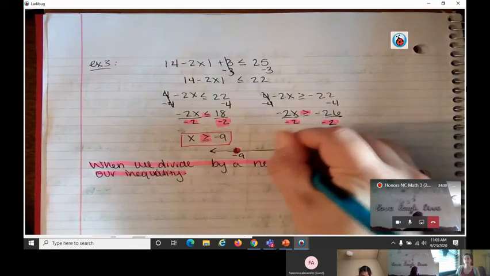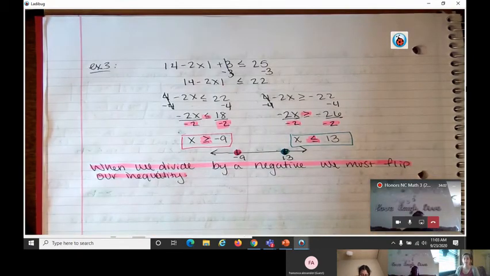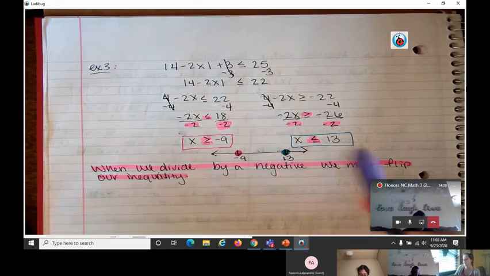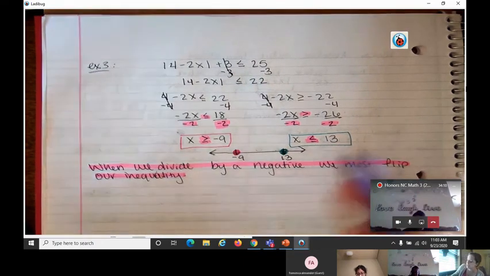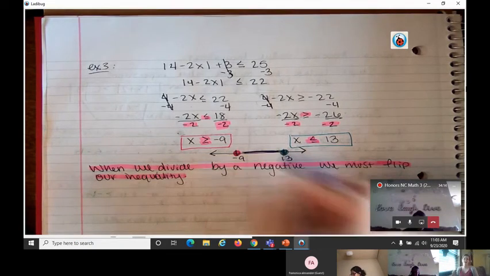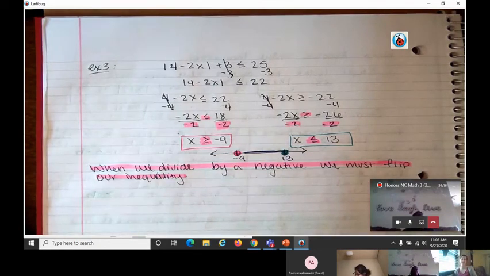Now notice that we have values bigger than or equal to negative 9 and smaller than or equal to 13. So it's the stuff in the middle, I'm using purple, that is going to connect, or the stuff in the middle are solutions to these inequalities. Okay.